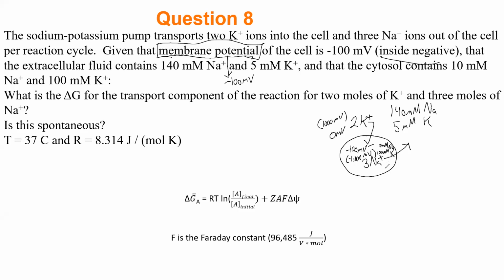What I want to know is, what is the delta G for the movement of 2 moles of potassium and 3 moles of sodium? Is this spontaneous? Do this at 37 degrees C. Here's your gas constant you're going to use. Here's your equation, and there's Faraday.